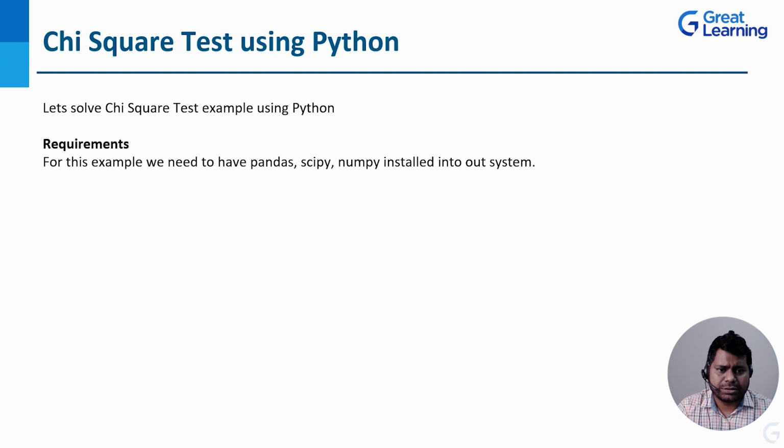For this use case, we will need some packages: pandas, scipy, numpy. In order to execute those codes, you need to have those packages installed in your system. So without wasting any time, let's get started.